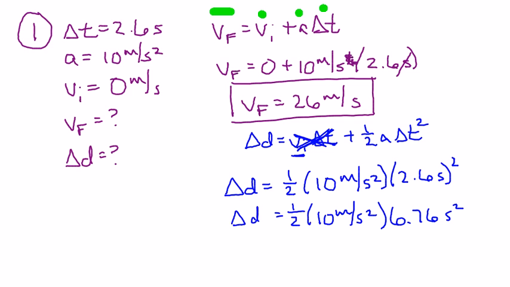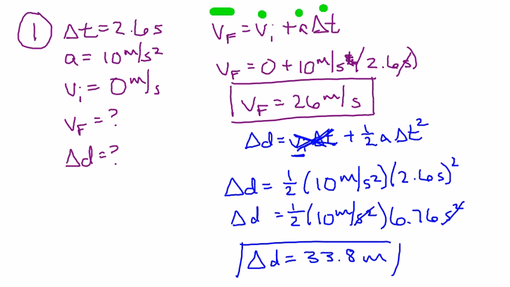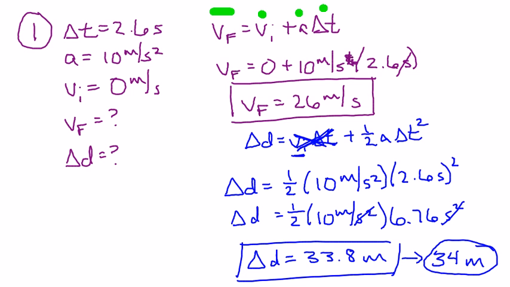If we multiply all those together, we should get delta d equals 33.8 meters because our seconds squared cancel. With sig figs, that would actually be 34 meters, so 34 meters is your final answer. So 26 meters per second and 34 meters.